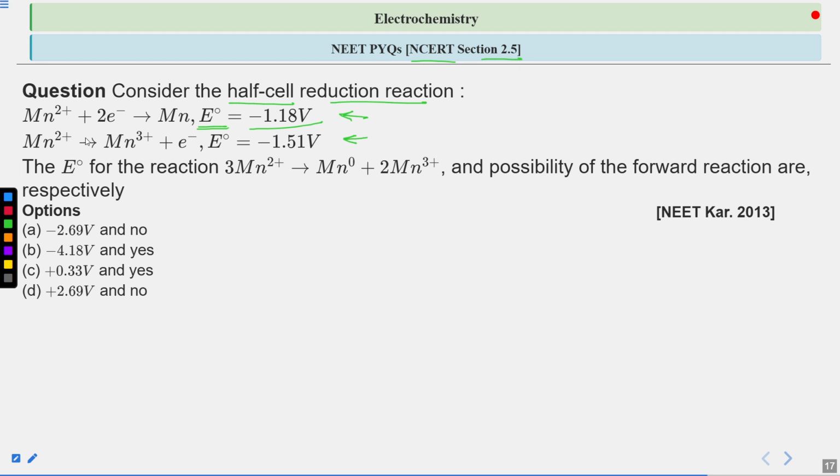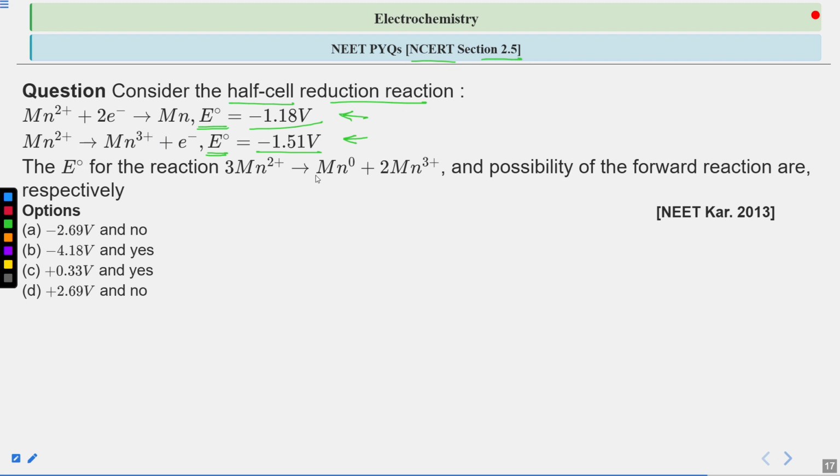When Mn2 positive loses 1 electron and converts to Mn3 positive, that is the oxidation reaction, and its E naught value is minus 1.51 volt. So these are the half cell reactions given.